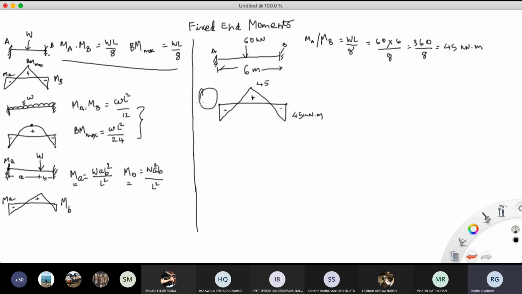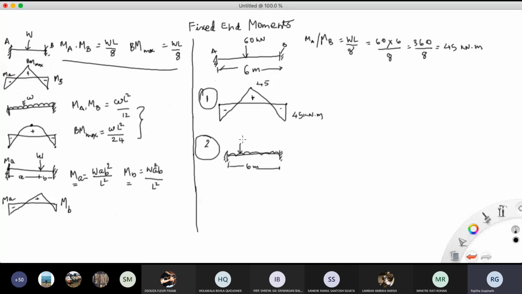So the first situation is done. The second situation is what we will do now. Consider the same beam, same in the sense it's 6 meters.